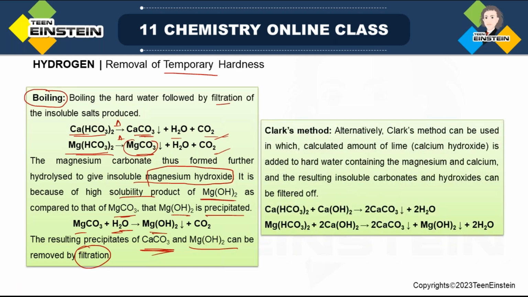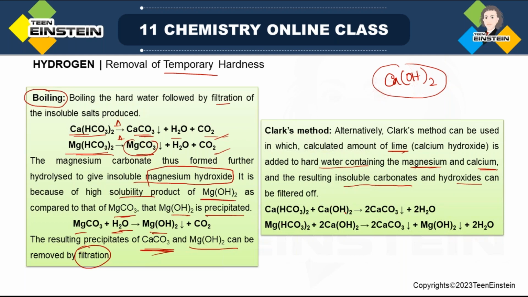The second method is Clark's method, an alternative method. In Clark's method, we use a calculated amount of lime. What is lime? Lime is Ca(OH)2. In the previous case we did not use any outside reagent, but now we are using calcium hydroxide. This calcium hydroxide is added to hard water containing Mg2+ and Ca2+, and there is formation of insoluble carbonates, that is calcium carbonate, and also hydroxide, and we can easily filter.